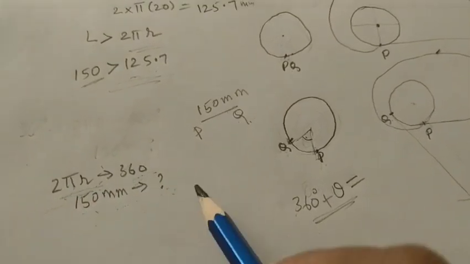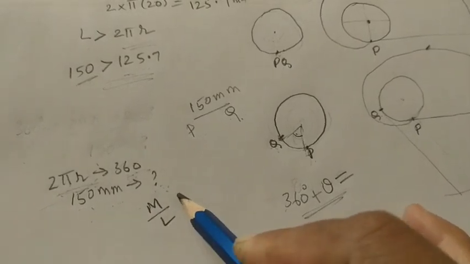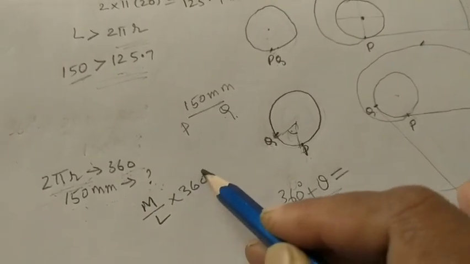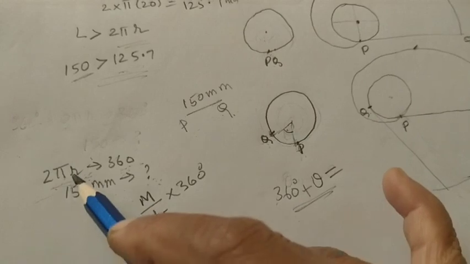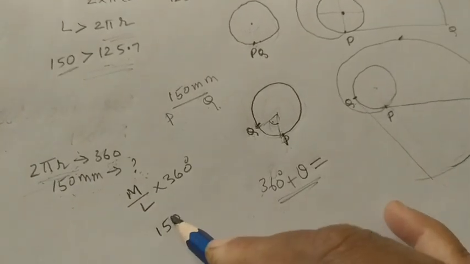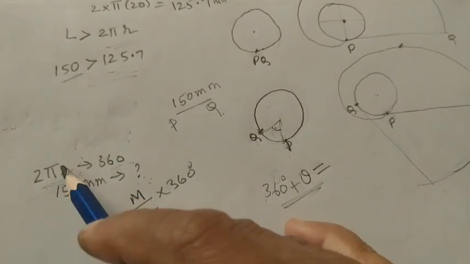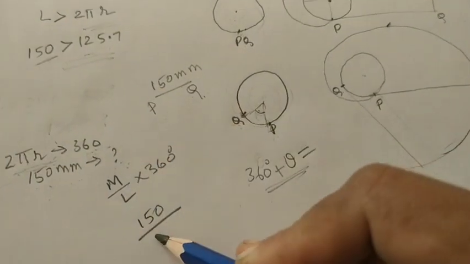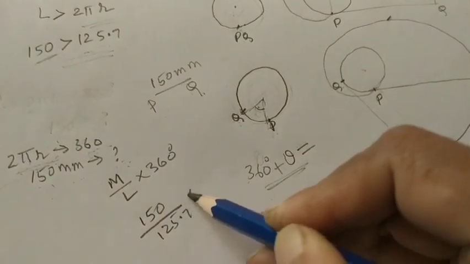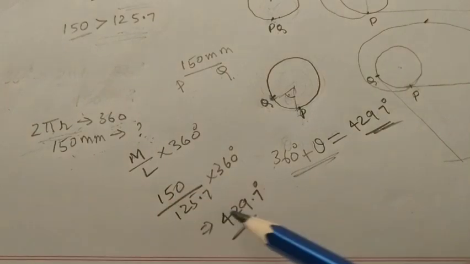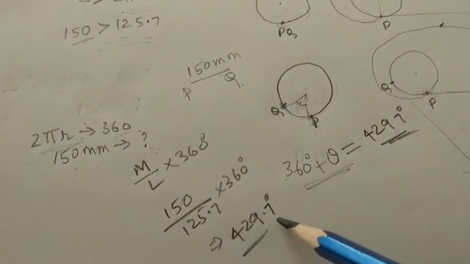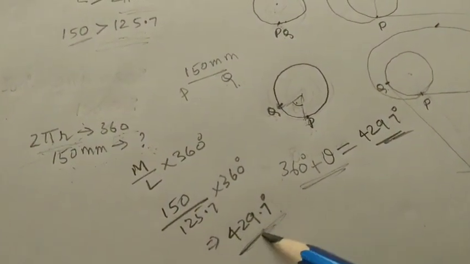For more length, how much? More by less into 360 degrees. The more value is 150 mm. The less value is 2 pi r length, which we have calculated here as 125.7. Into 360 degrees, calculating with the help of a calculator, we get 429.7 degrees. So this is the total angle.